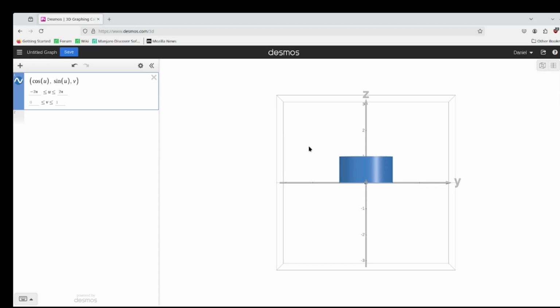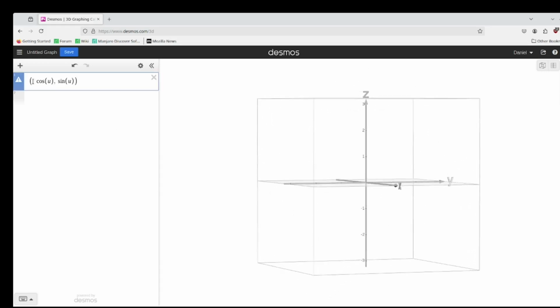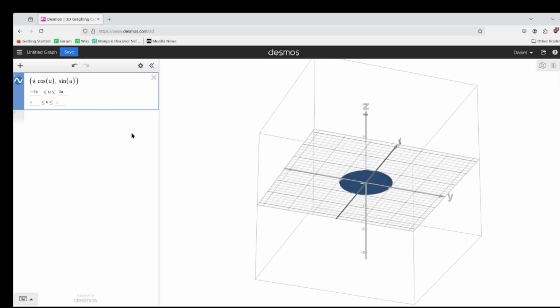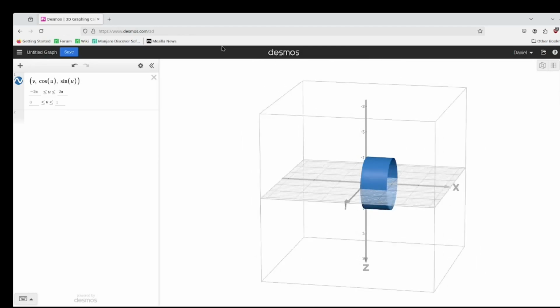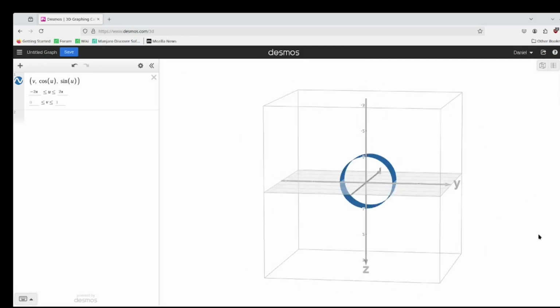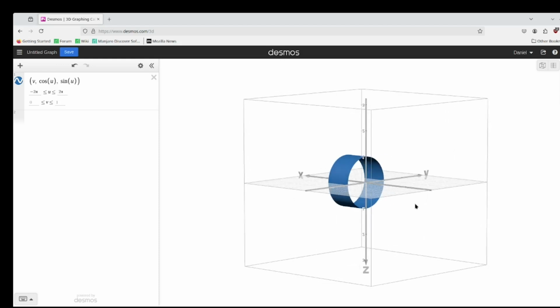In this case, if y is your new horizontal axis, you would make the y where your cosine is, and the z where your sine is. And since now your x is your depth, that's where you put your v in. So now if we look at it the way we originally intended to, you can see that now we have the circle facing us.